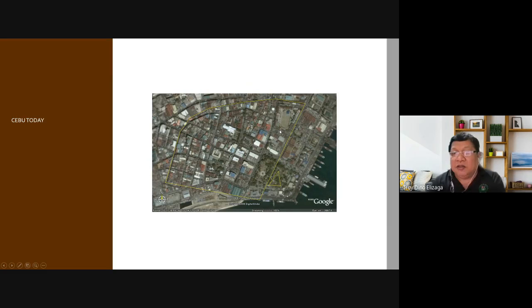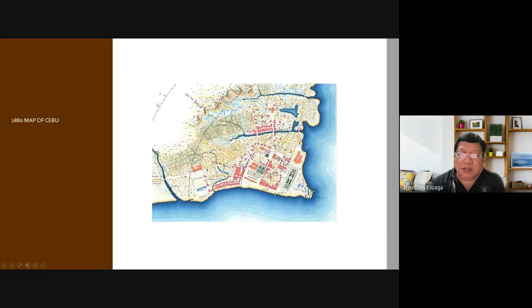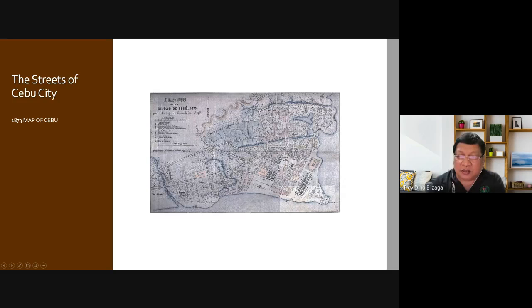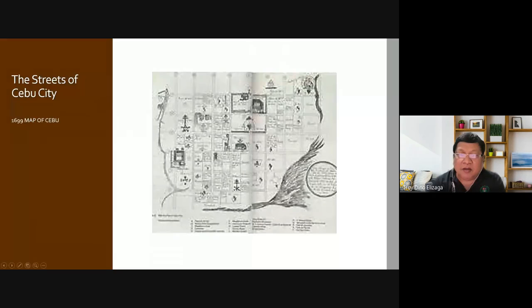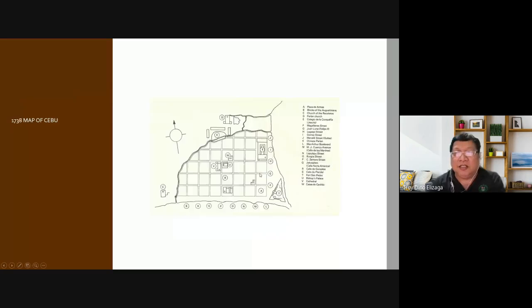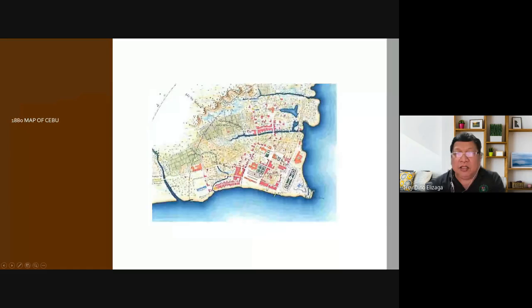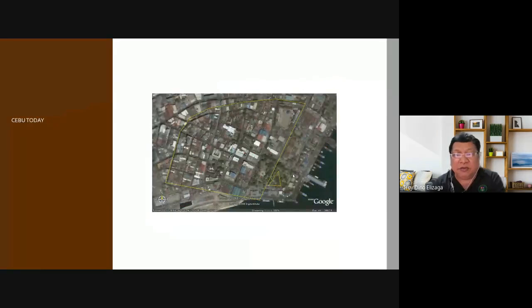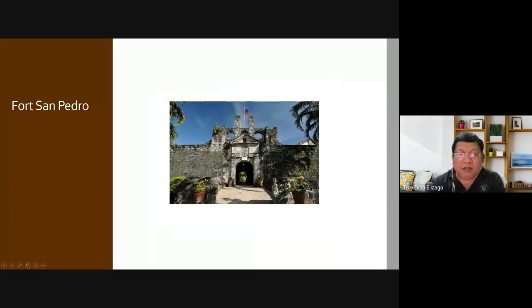Okay, so some of these streets still belong to the old streets that you can see even from here. My professor, when he talked about this, I don't know whether he talked about it in this article about Intramuros, identified all of those streets.